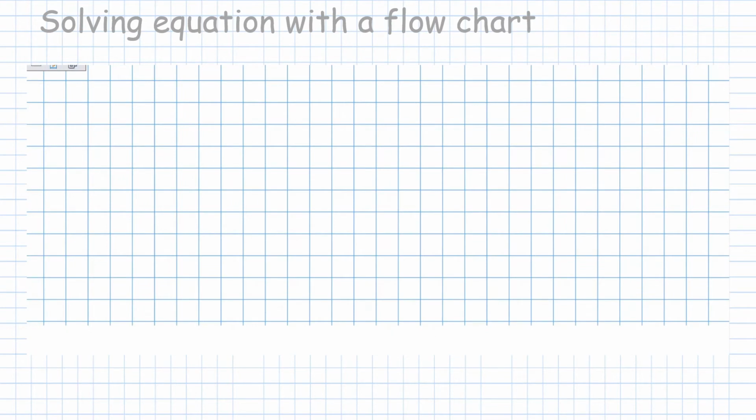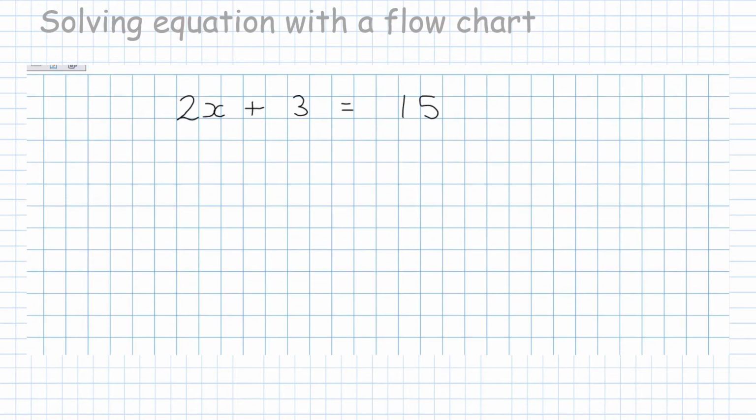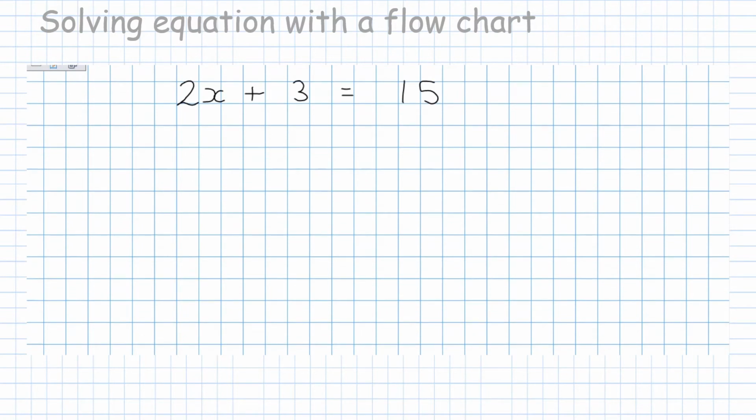So now we're going to look at a slightly more complicated equation, a 2-step equation, and we're going to solve it using a flowchart, which is really similar to the function machine on the previous slide. It's just an easier way of jotting it down, and we don't have to draw all of the boxes. So we've got the equation 2x plus 3 equals 15.